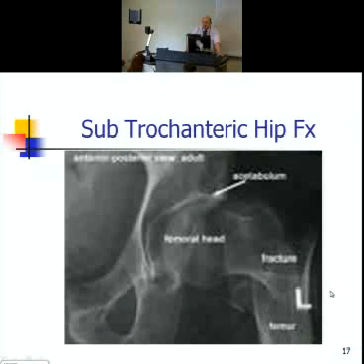So again, this is a subtrochanteric fracture of the hip. This is not such an easy fracture to miss. The first thing that should catch your eye is, remember we talked about a 135-degree angle, and we look at the femoral head, and then we move along the femoral neck, and the first thing we notice is the femoral neck looks like it's parallel to the ground.